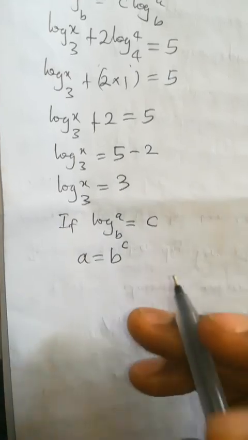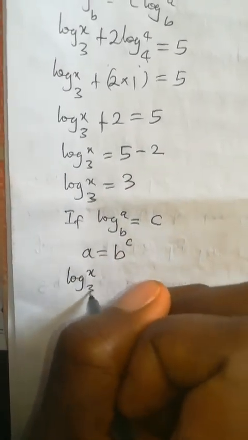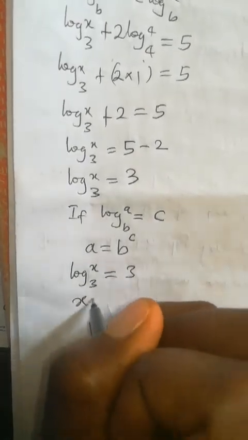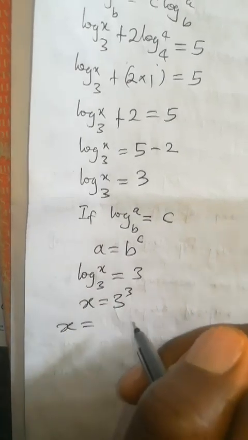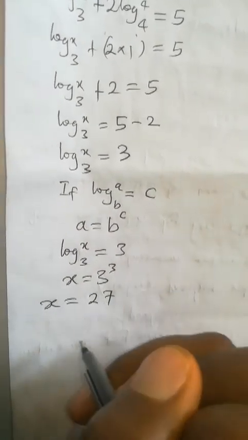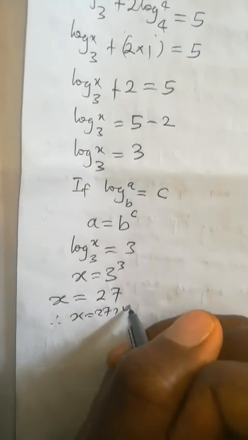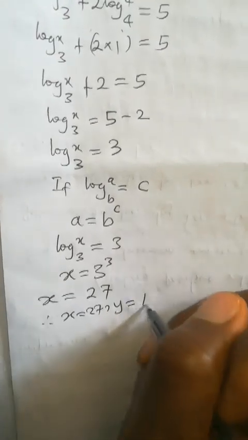So we apply it here. Log x base 3 equal to 3 means x is equal to 3 to the power of 3, which gives us 27. Therefore our x is 27, and our y is equal to 16.